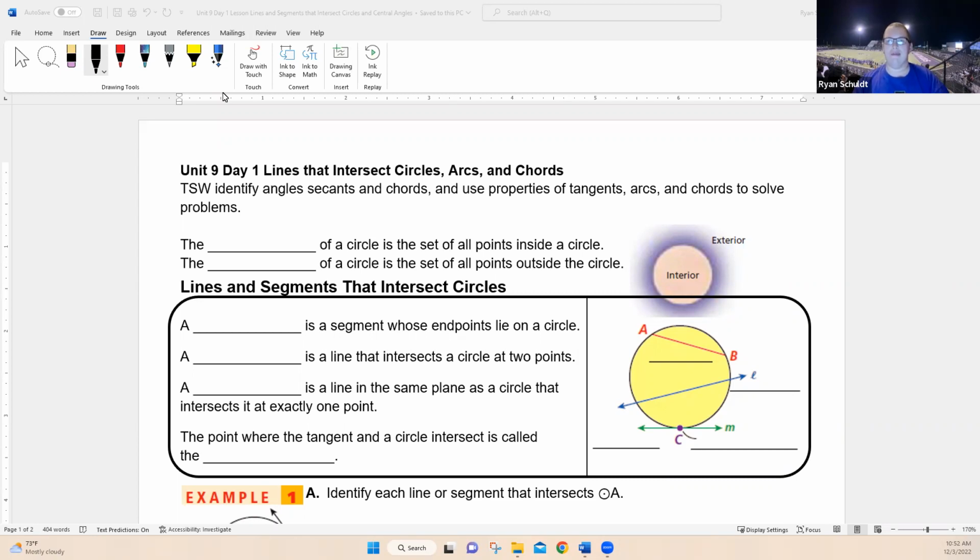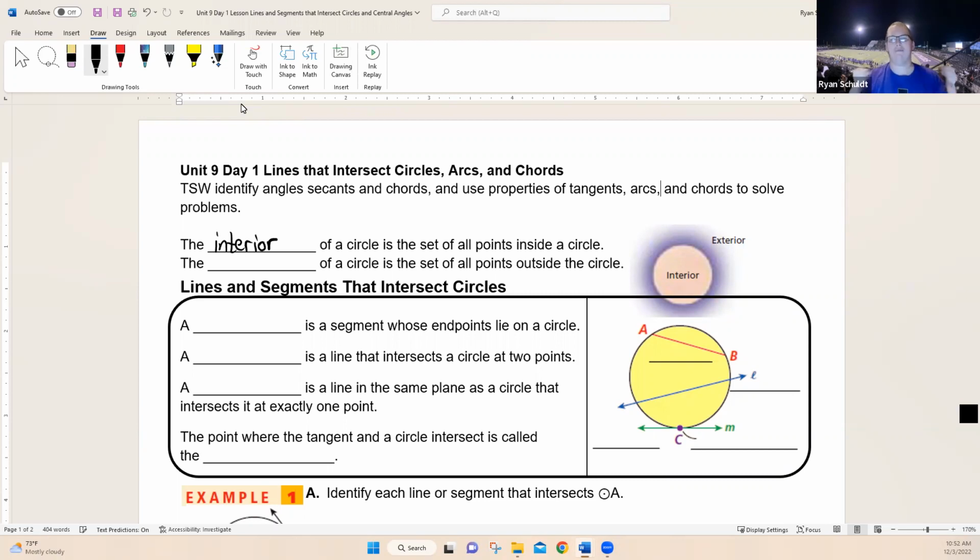First thing we want to differentiate between is the interior versus the exterior of the circle. The interior of the circle is everything that's inside the circle. The interior of a circle is the set of all points inside that circle. Think of it like you enter a house.